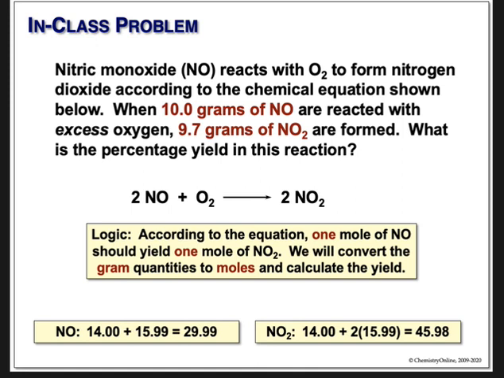For NO2, we got 9.7 grams yield, and its molar mass is about 46. So what do we remember? Mass over molar mass gives us moles, doesn't it? I told you that was important. Mass over molar mass gives us moles.